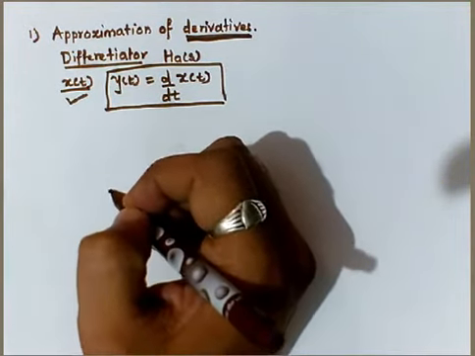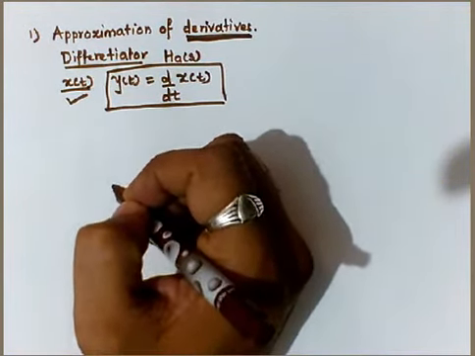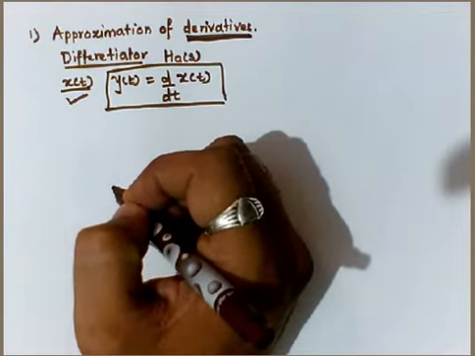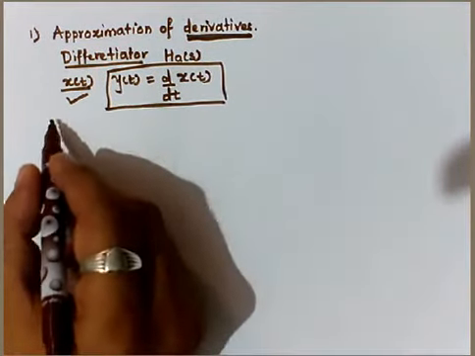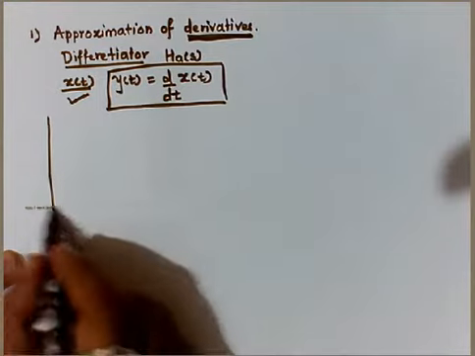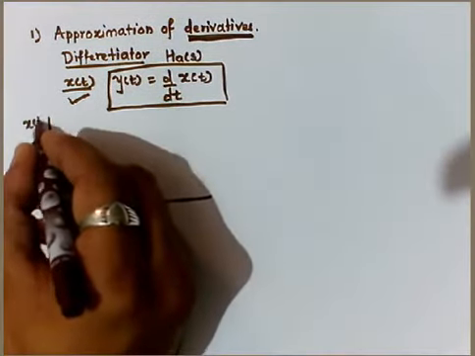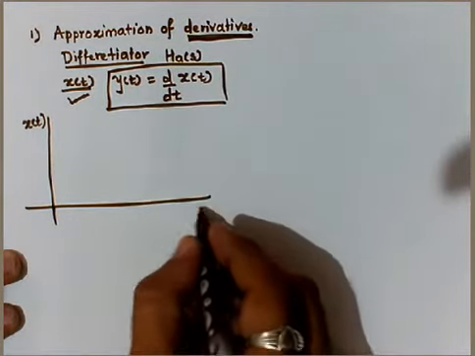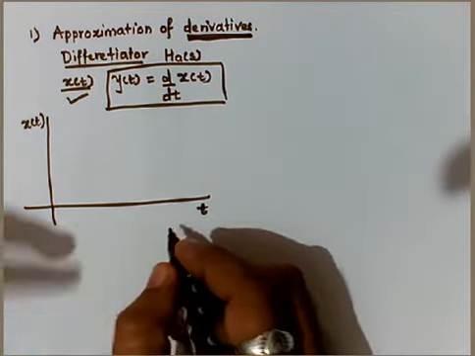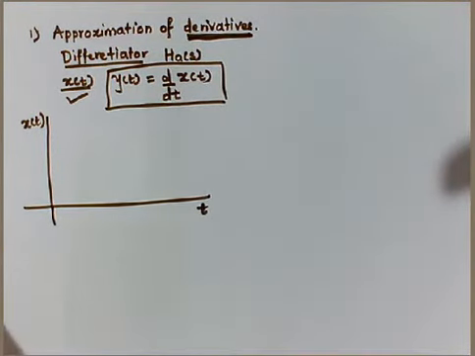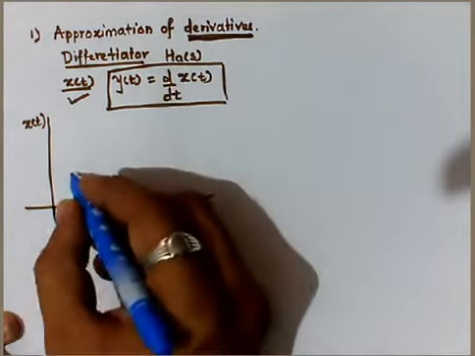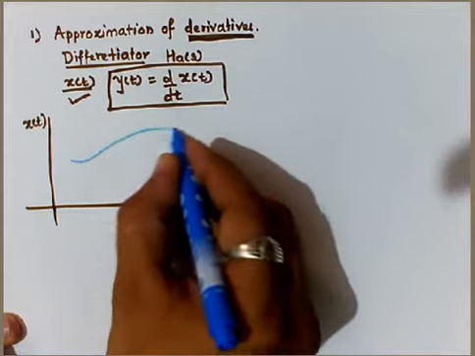Now if we want to plot the output with respect to the input, let's say this is the y axis, this is the x axis. If I say this is x(t) and this is simply the time, then with respect to time the plot will be quite simple. Let's say approximately this is the nature of the graph.